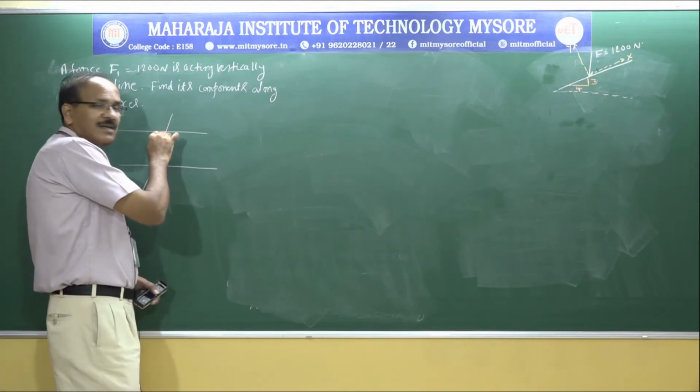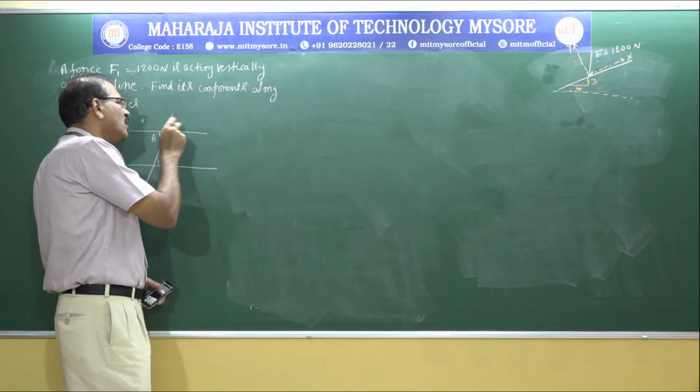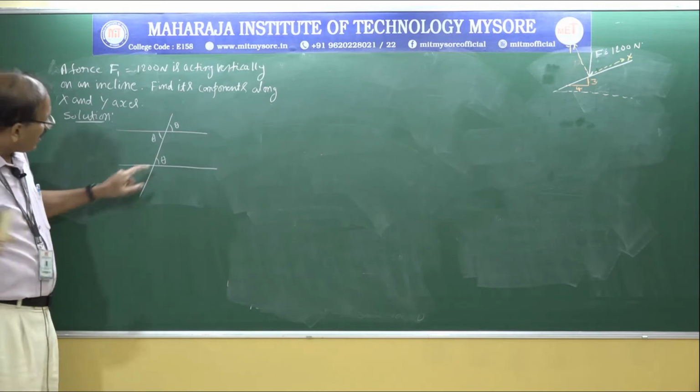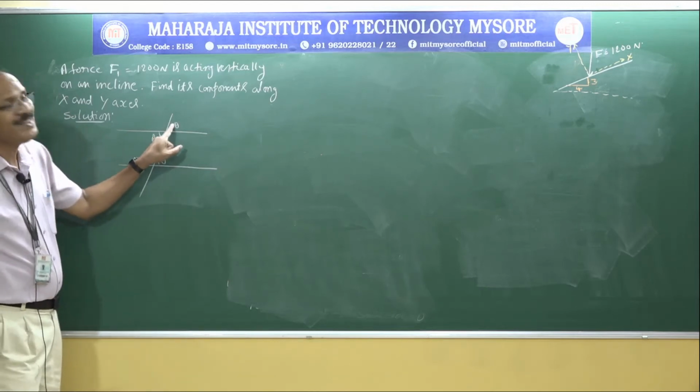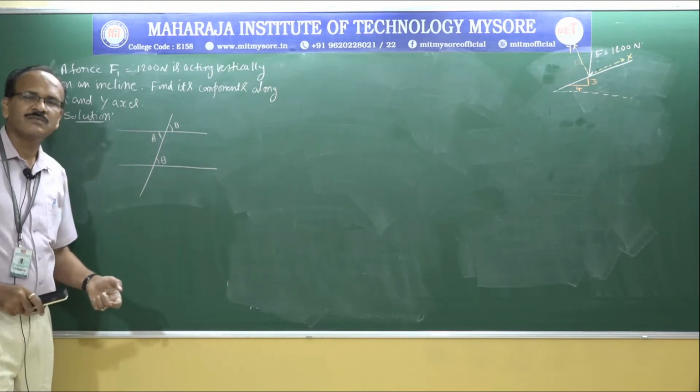If this is theta, this should be equal to theta because these two are vertically opposite angles. And if this is theta, this should be theta as well because these two are corresponding angles.